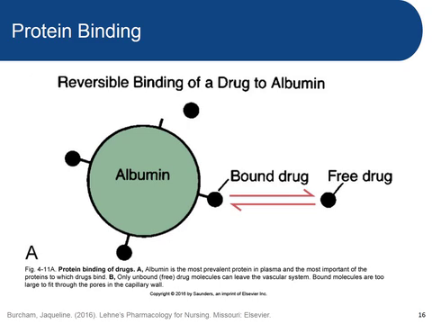Another issue with distribution, and another factor that affects distribution, is protein binding. So albumin is without a doubt the most important and most abundant large protein molecule that drugs attach to. But the problem with this is you can see the little black dot is the drug. When it is bound to albumin, the size is much, much larger than that little black dot on the other side that says free drug.